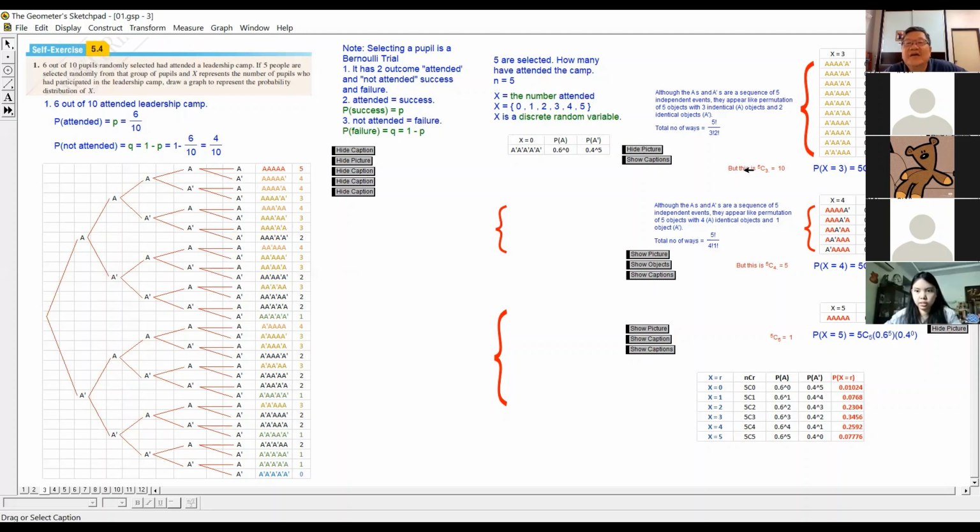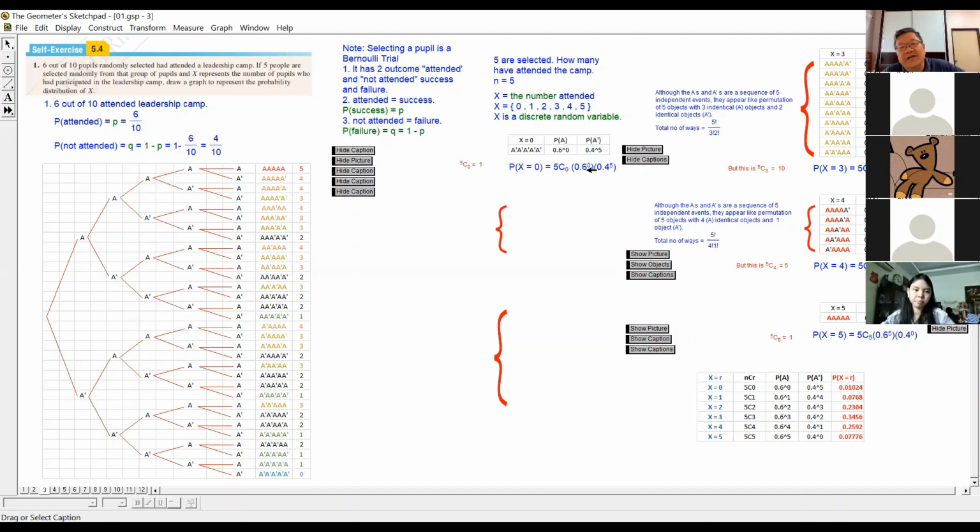Out of 5, nobody attended. So you choose how many? Choose 0. 5 choose 0 is actually 1. Nobody attended, so the probability of attending is 0.6 to the power 0.